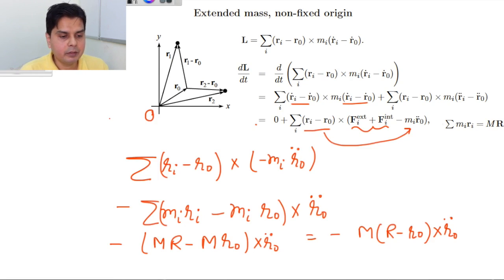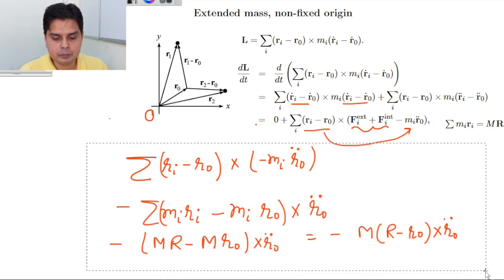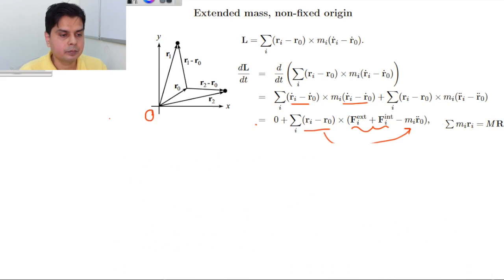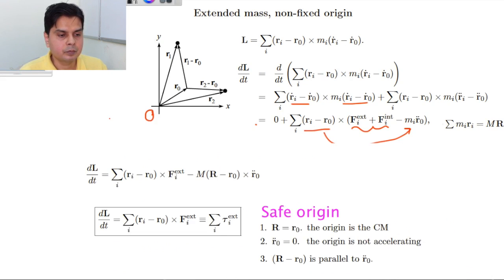When I write the whole thing, that's exactly the same thing I have written: dL by dt will be summation (Ri minus R0) cross Fi external. This term is the old term which we had seen earlier also. This Fi internal will become 0 because of Newton's third law, minus capital M (R minus R0) cross R0 double dot. So this is a pretty dangerous looking formula.